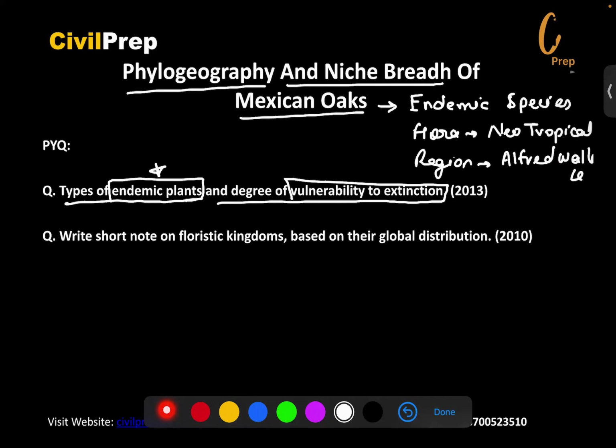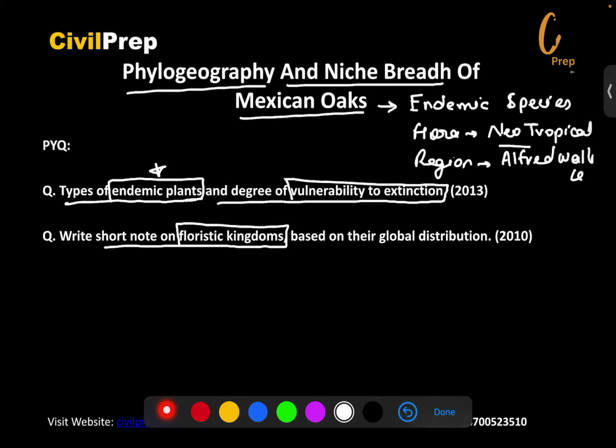Second question is a short note on floristic kingdoms. Okay, there are various kingdoms, for example, the Ethiopian realm, then we have the Neotropical realm, then the Nearctic realm, then the Indo-Malayan realm or Oriental realm, then the Notogean realm, and the Palearctic realm.